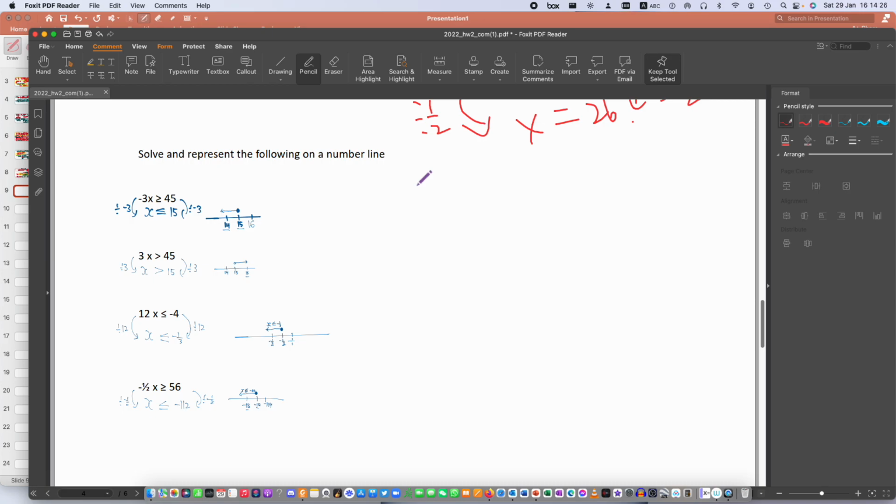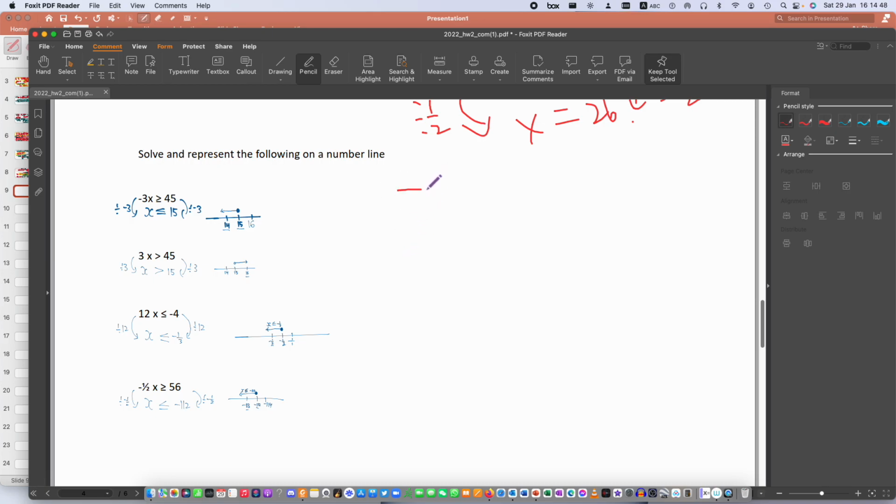Divide or times a negative number, the sign must switch. Correct. Repeat fluently to yourself one more time. Divide or multiply a negative number, the sign must switch. Very good.